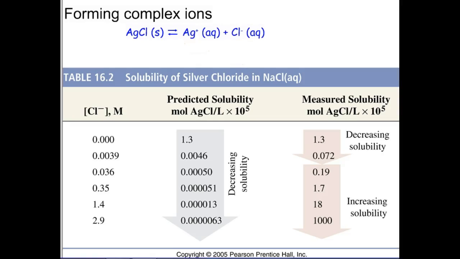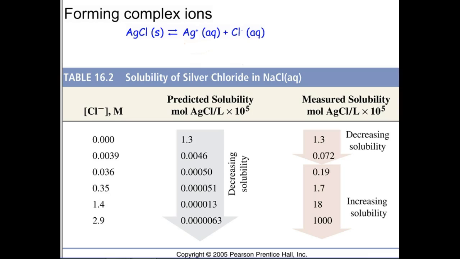So here's a puzzle. We know that silver chloride dissolves to form silver ions and chloride ions, and its solubility is very, very small. It's something we think of as forming a precipitate. So if we look at the solubility of silver chloride in sodium chloride, you can see that its predicted solubility is just 1.3 times 10 to the negative fifth moles of silver chloride per liter.